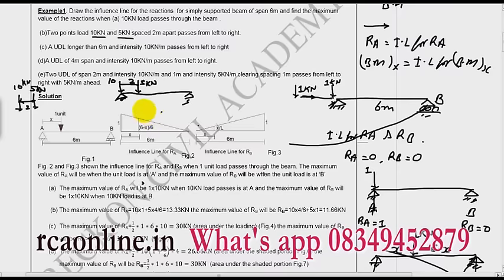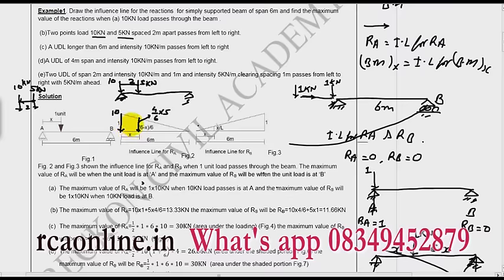Now what is the value of RA under this condition? You can solve by two methods. First, find the reaction for this, or you can use the influence line also. How? This value 1 is multiplied by 10, and at 2 meters, what will be the value of this ordinate? Put x equal to 2, so it will be 4 by 6. So 4 by 6 multiplied by 5. So what is the maximum value of RA?